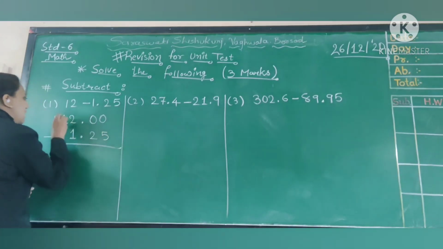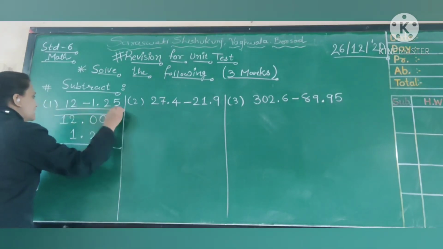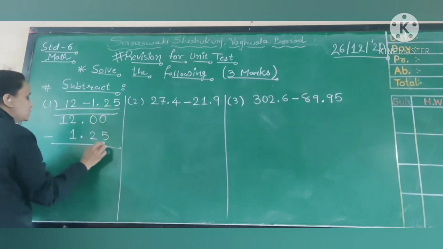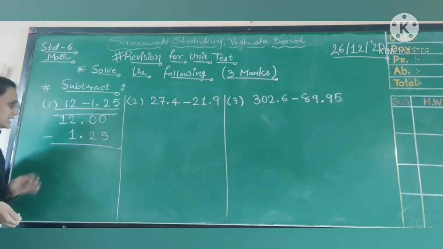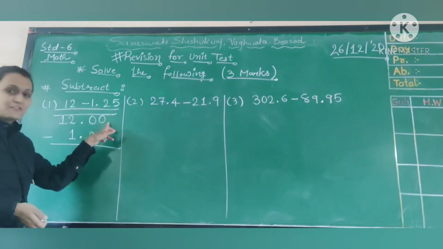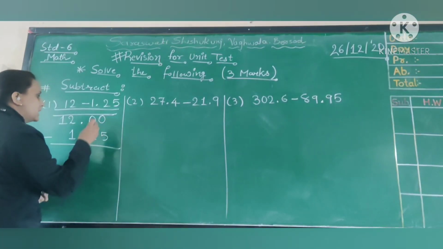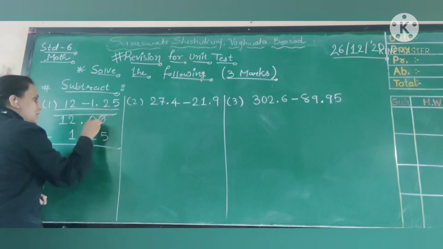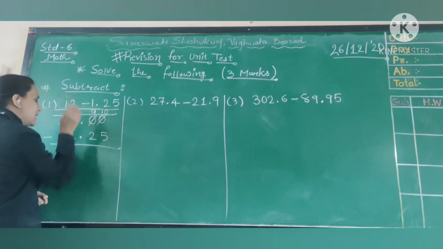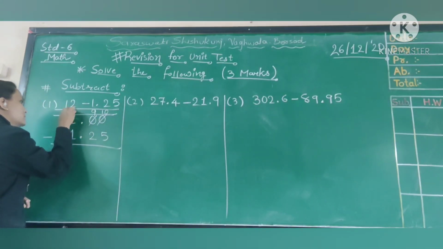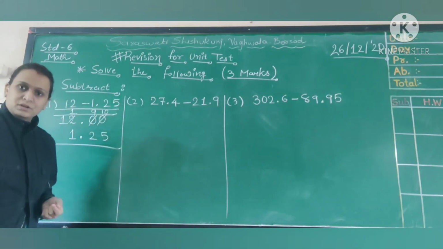Now we have to subtract 1.25 from 12. Here you can see that we cannot subtract 5 from 0, so we have to take a borrow. So here 10, and we have taken the borrow from here, so this is 9, and we have taken a borrow from here, so it becomes 1.